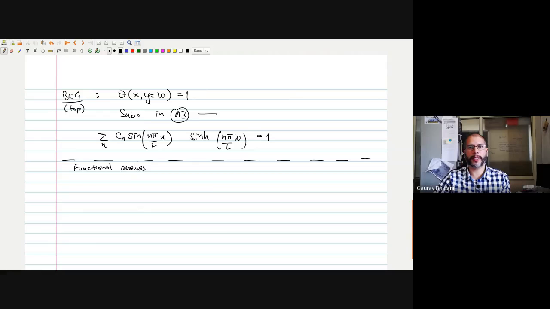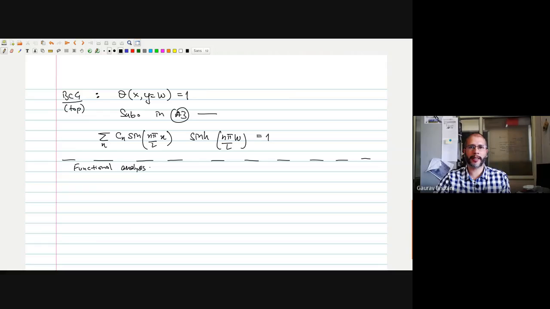I'm sure you have read about vectors and linear algebra. So you have seen that you can have basis vectors, and you know the meaning of basis. If you call it an orthogonal basis, then that means you can write any vector as a linear combination of the orthogonal basis. In functional analysis, functions also can be vector spaces.